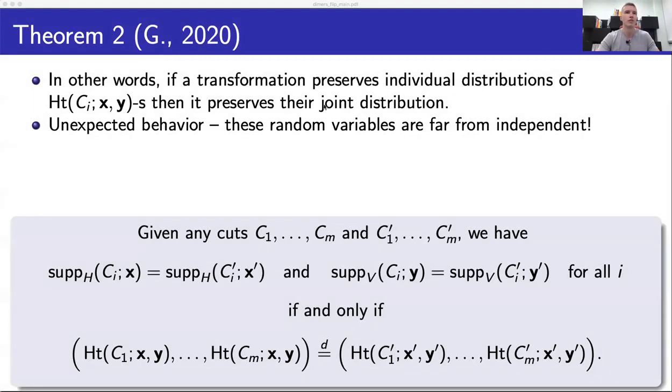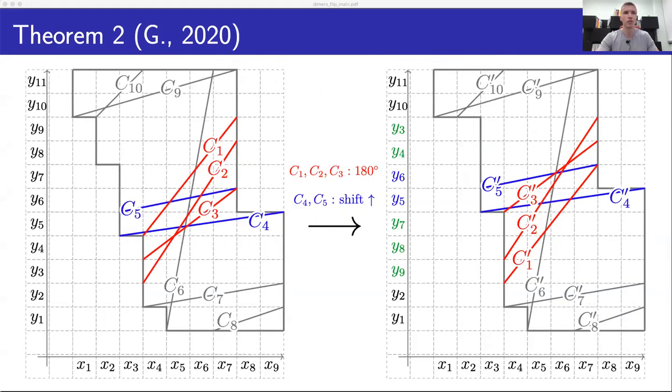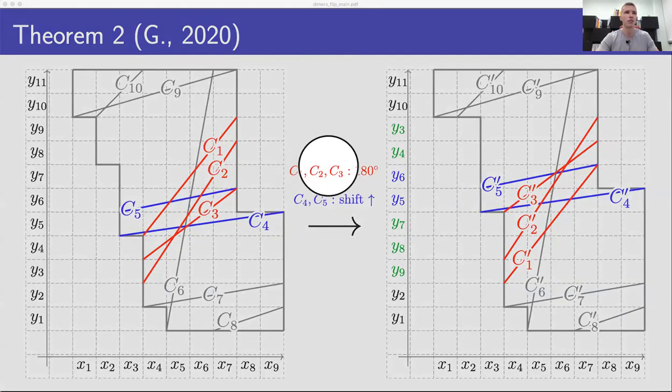Now let me go back to the picture and show you what happens there. So in this picture, as you can see, there are 3 red line segments which get rotated by 180 degrees. And there are also 2 blue line segments which get shifted by 1 step up. And then I permute the y variables in some non-trivial way.